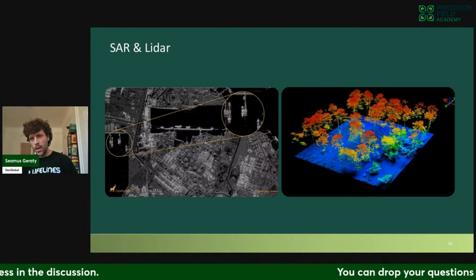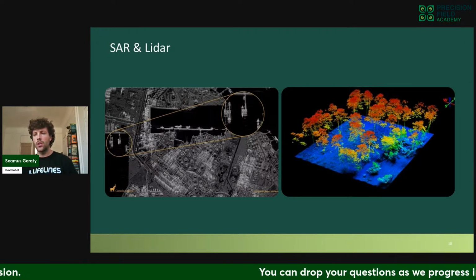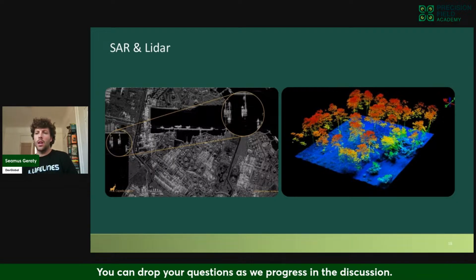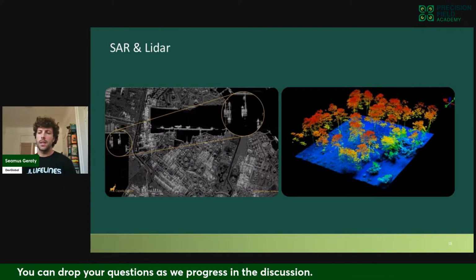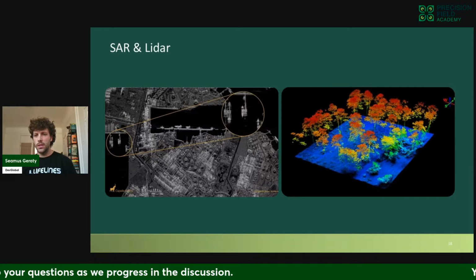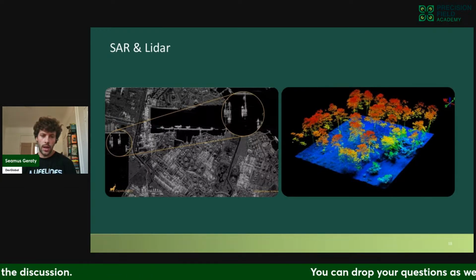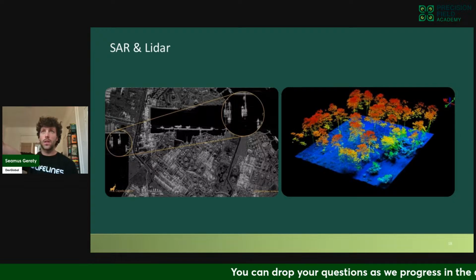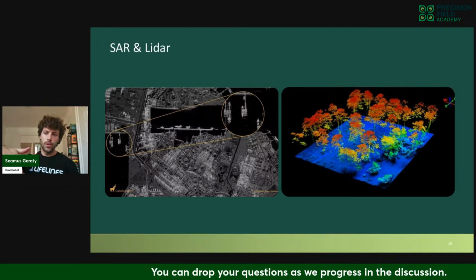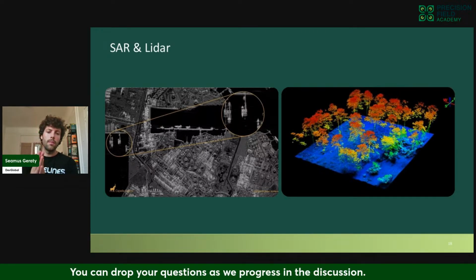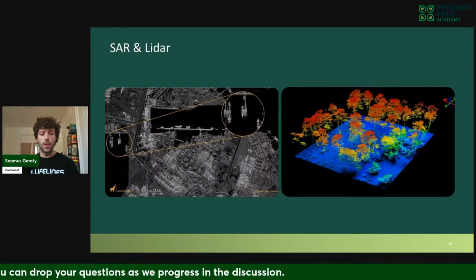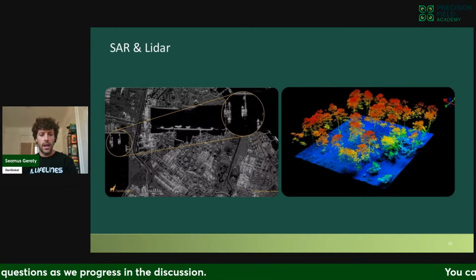Synthetic aperture radar is an interesting one because it uses microwave energy, and it can basically penetrate clouds and darkness. So when the sun's not shining or can't shine through the clouds, or the satellite is on the other side of the cloud and can't see through the clouds, or the information can't bounce back through the clouds, we're kind of out of luck.